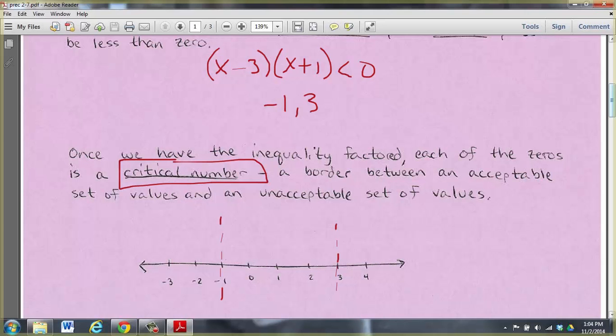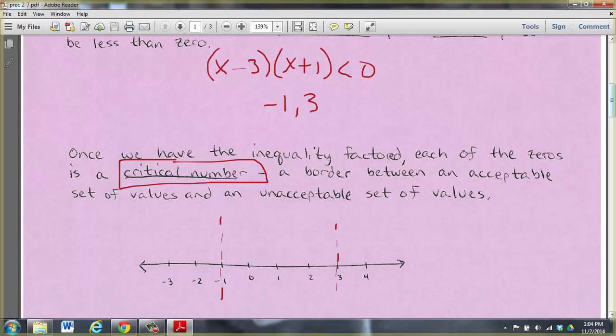There's different ways that you can do that. Some people like to just look at whether it's positive or negative. Usually what I'll do is I'll assess the equation for a particular value within each region and then just determine whether or not it's true.